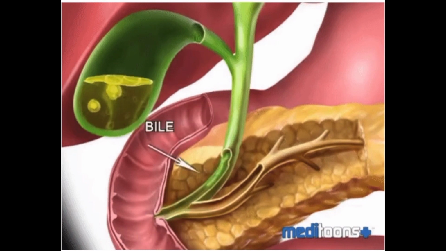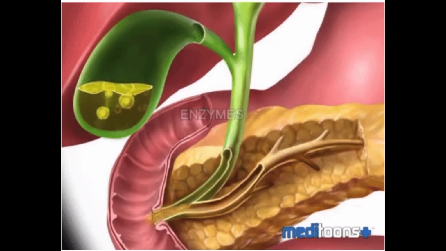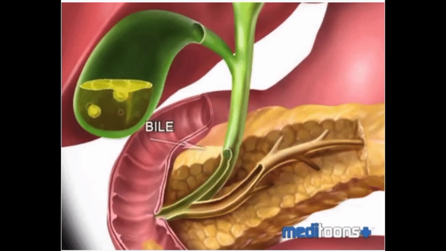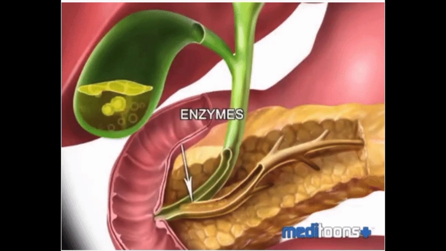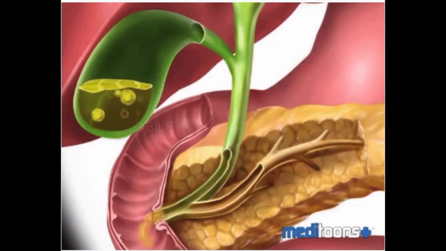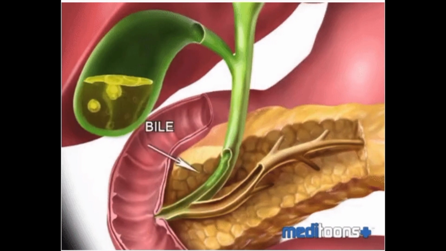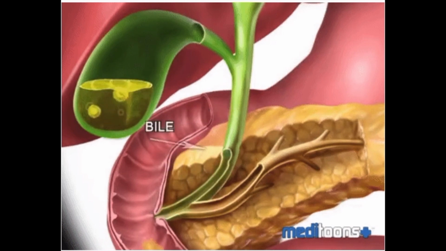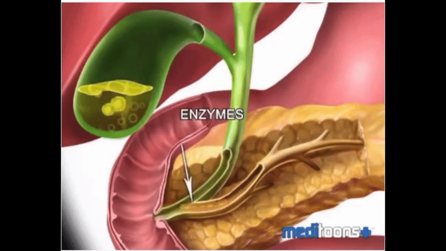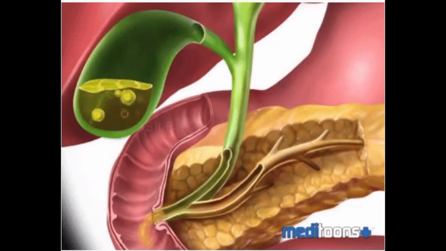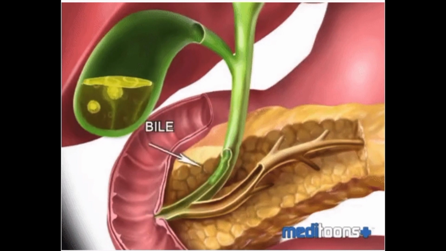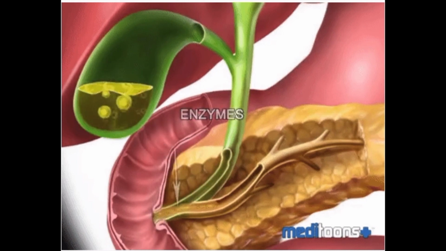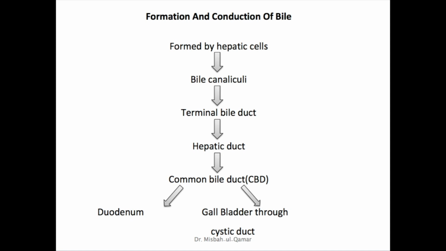You see, bile is secreted by hepatocytes, and it contains large quantities of bile acids, bile pigments, cholesterol, lecithin, and fatty acids. And bile from the hepatocytes is secreted into biliary canaliculi.